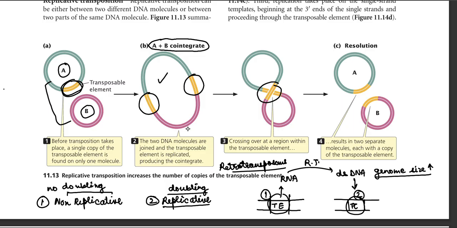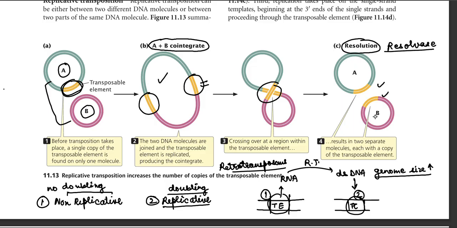You can just imagine it as a rubber band which is now crossing at that particular transposable element location, and later on they will again divide. When they divide and separate, this process is called resolution, which is guided by the enzyme called resolvase.